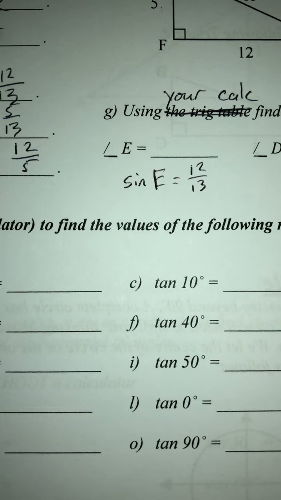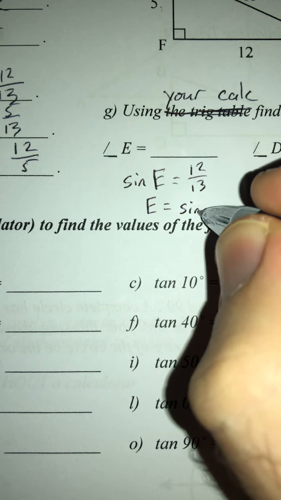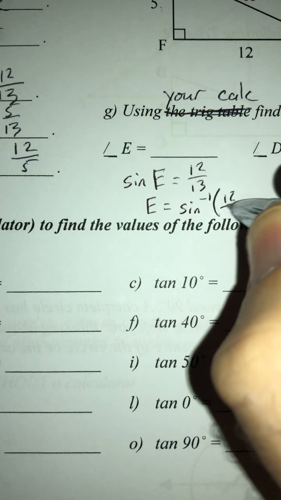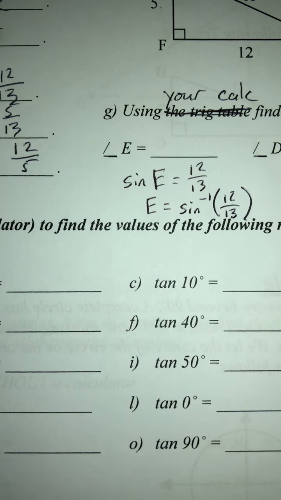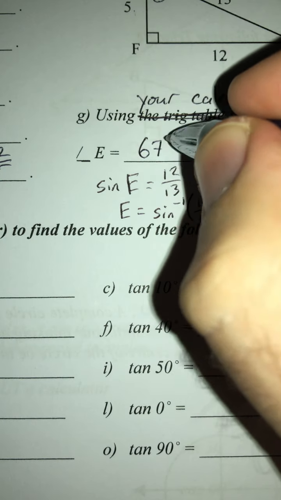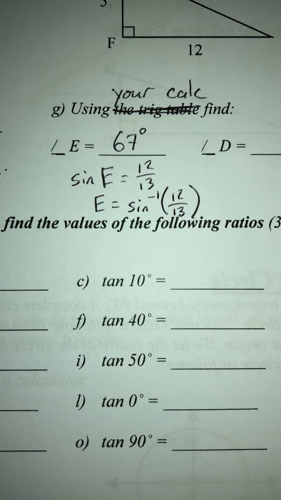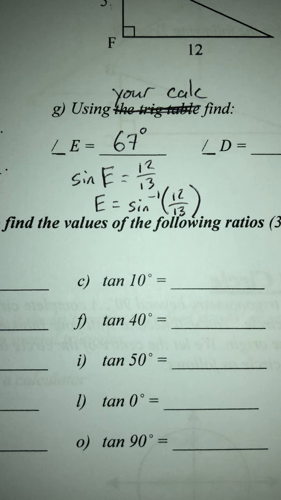So if we want to get E by itself, angle E is going to equal the inverse sine of 12 over 13. And this you can just plug into your calculator. So if you plug that in your calculator, you'd get 67 degrees. Again, in your calculator, make sure at the top it has a little D for degrees. If you do it with R or G, it's not going to work.